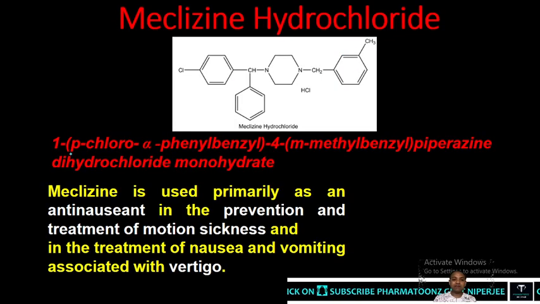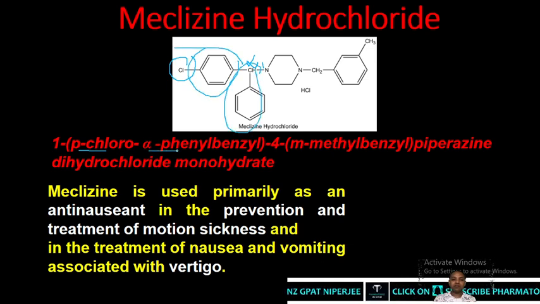Next is meclizine. Let us understand the IUPAC nomenclature. This is again the first position or first nitrogen where para-chloro is there. This is called para-chloro. This is the alpha position. This is a phenyl ring and this whole is a benzyl, so that's why it is called alpha-phenylbenzyl. This is the fourth position and this is the meta position, or you can say third position.